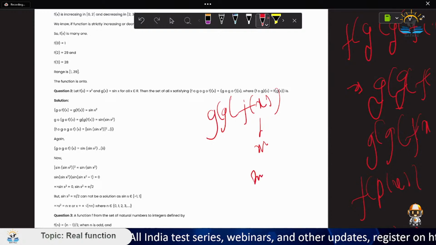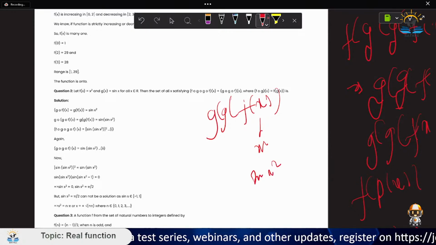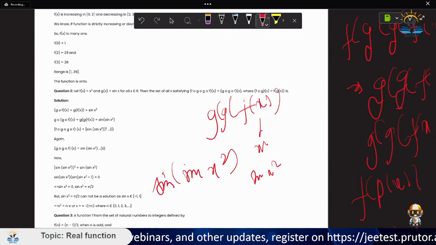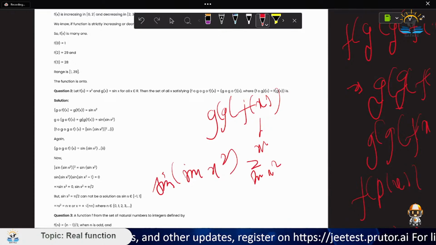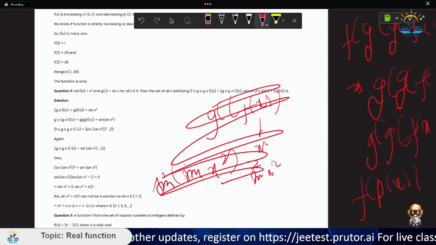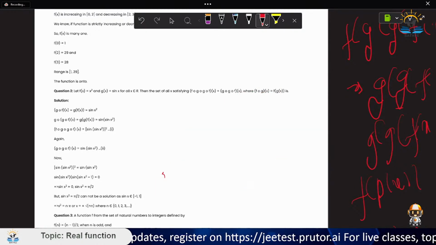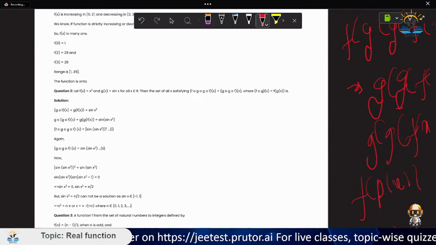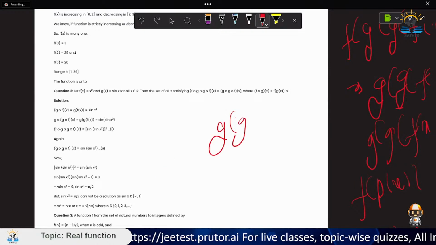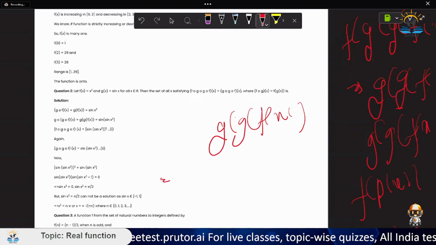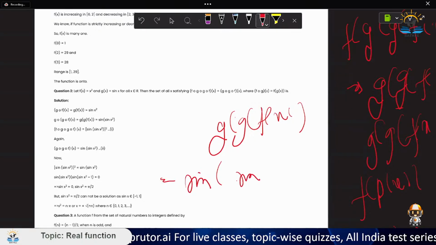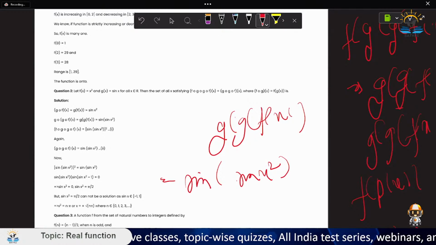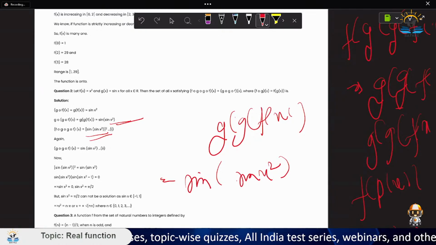G of x square would give us sine of x square. So it gives us g of f of x is equal to sine of x square. And this is already given to us. We have calculated these, right?